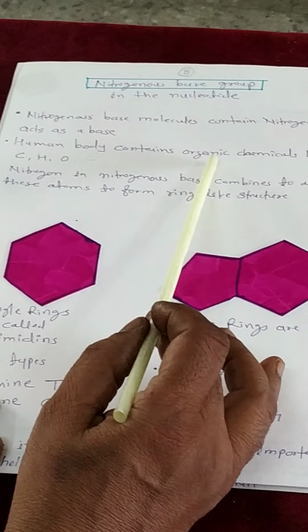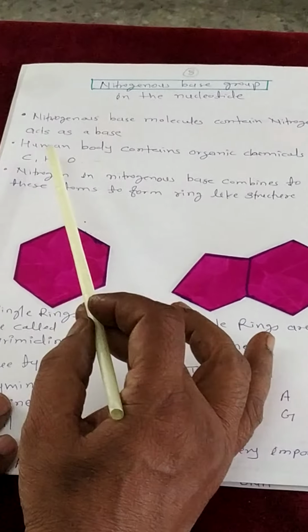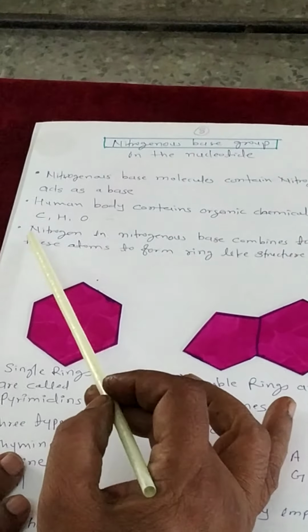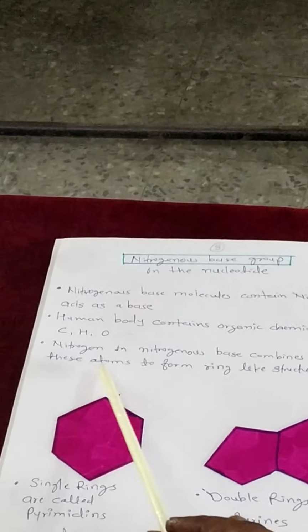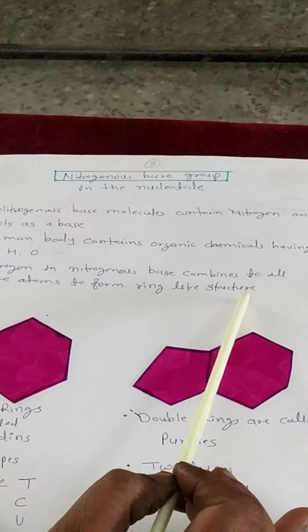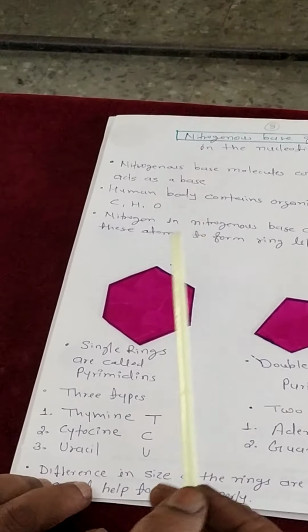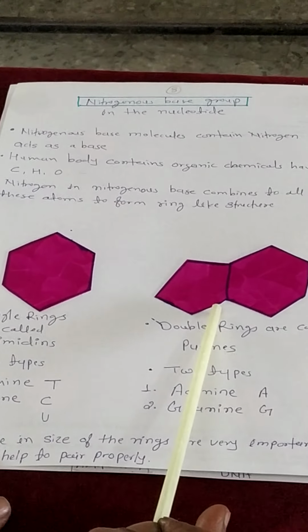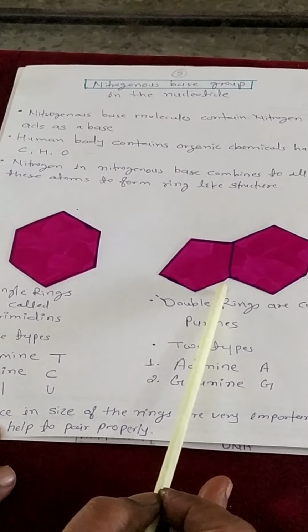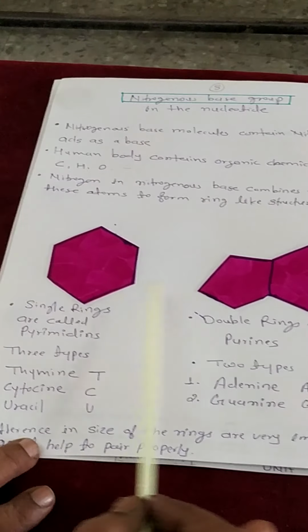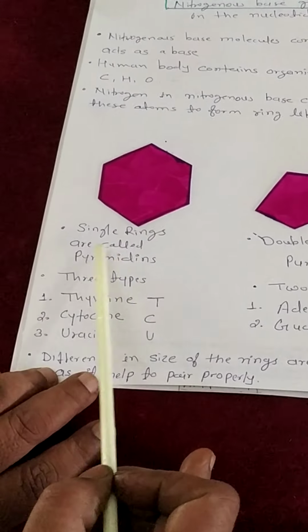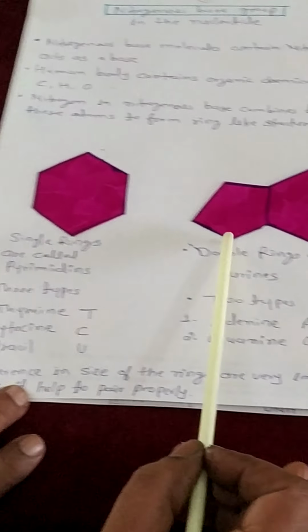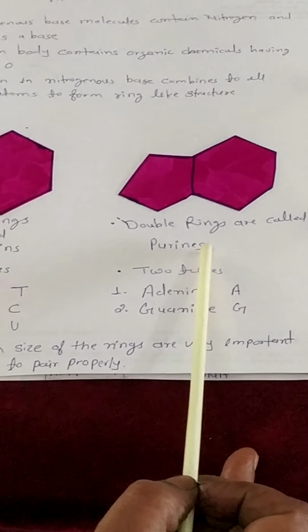The human body contains organic chemicals having carbon, hydrogen, oxygen, and the nitrogen in the nitrogenous base combines with all these atoms to form a ring-like structure. There are two ring-like structures present in the nitrogenous bases of DNA. One is a single ring structure and another is a double ring structure. The single ring structure is called pyrimidines and the double ring structure is called purines.